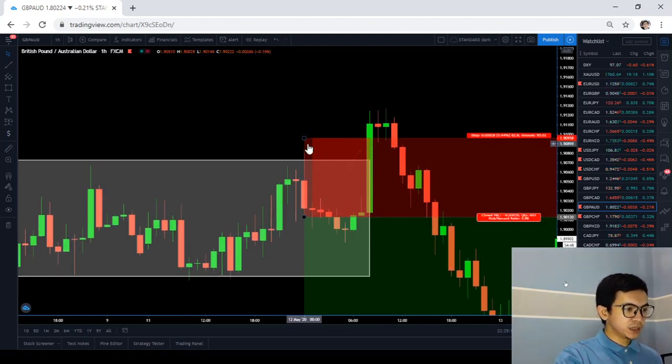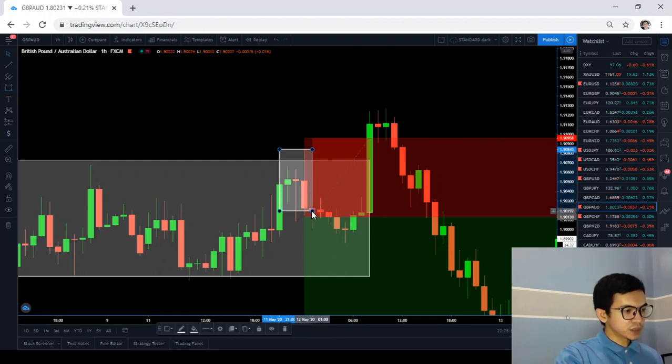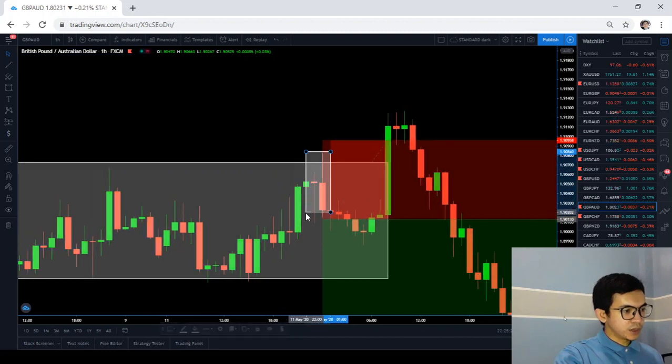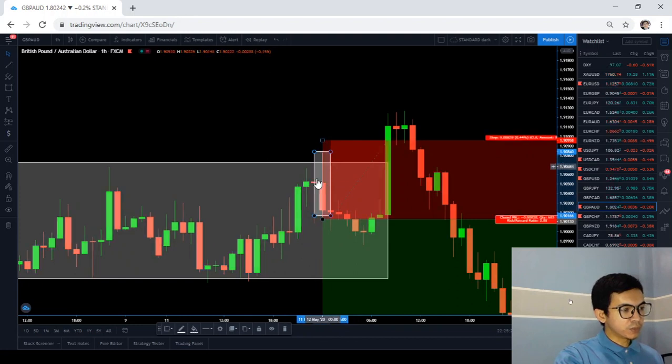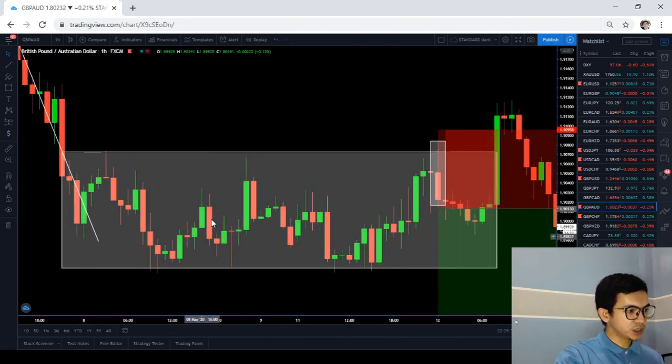So, 'di ba? This is a confirmation na this is a sell setup kasi meron tayong formation na candle na merong selling pressure. Ibig sabihin, na-overpower na ng mga bears yung mga buyers in this ranging market, 'di ba?